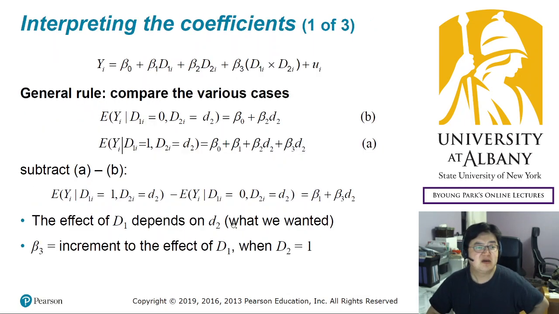Then let's see what's the difference. Because we have two binary variables D1 and D2, it is easy to think about case by case. So there are only four possible combinations, 0, 1 and 0, 1. So we will consider all of the four cases.